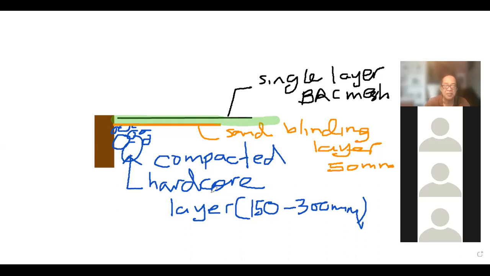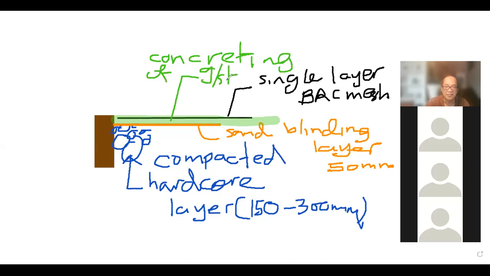So the green portion is actually the concreting of the ground slab.